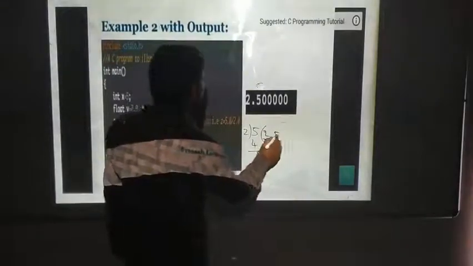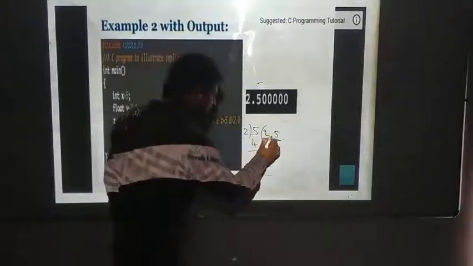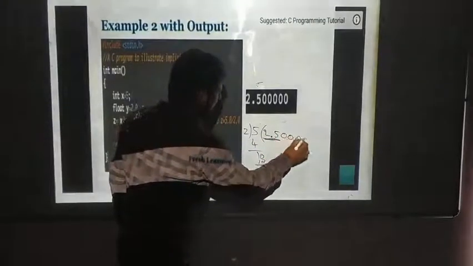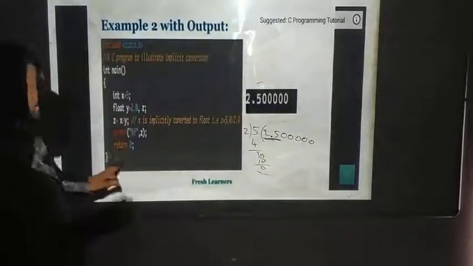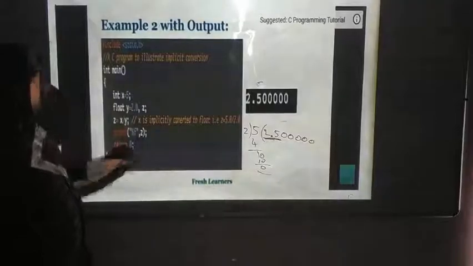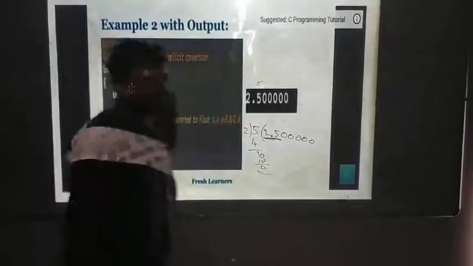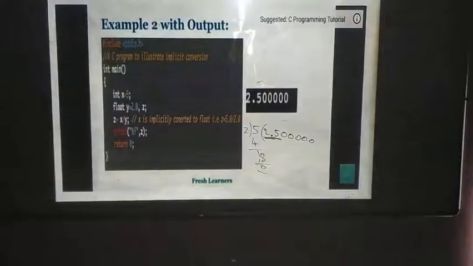We have to print 2.5, and it is printed because it belongs to the float data type.